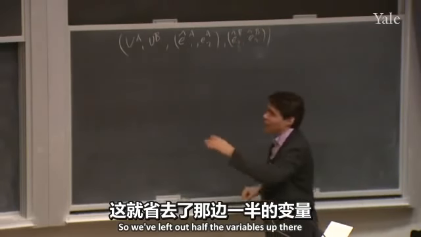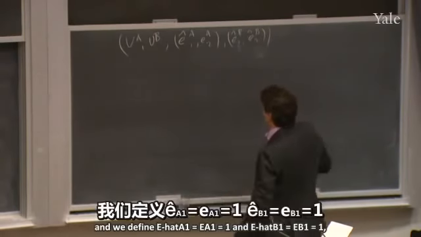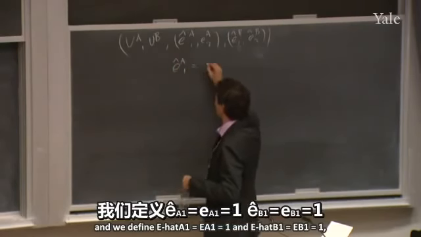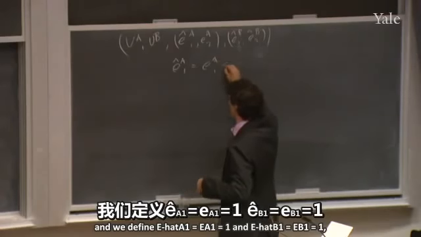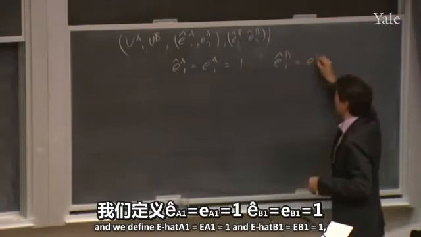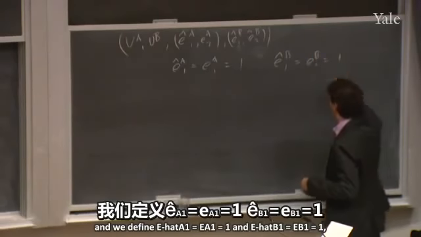Okay, so we've left out half the variables up there, and we define E hat A1 equal to E A1 equal to 1, and E hat B1 equal to E B1 equal to 1.